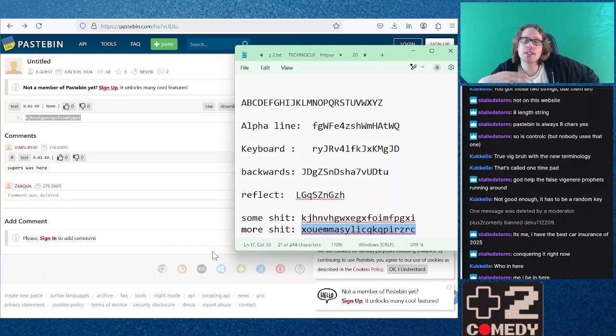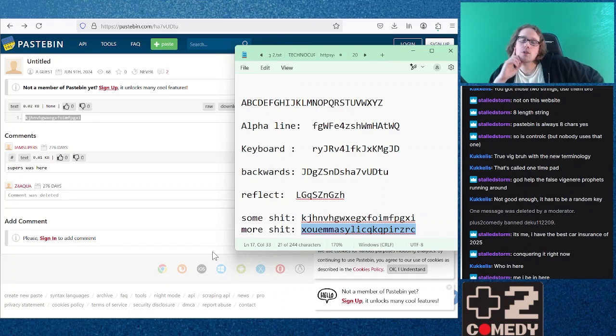I don't think this is the answer, so I'm not going to waste time just plugging it in as the answer. Two strings of 21. 42, the answer to everything. Total characters. All lowercase letters.